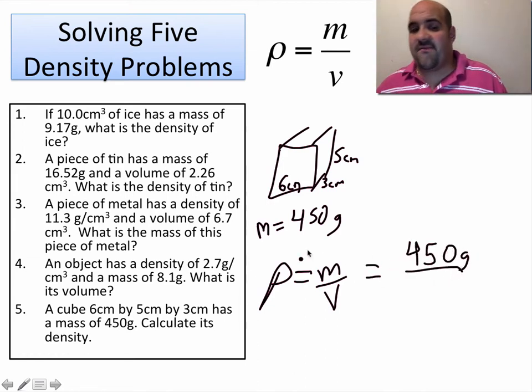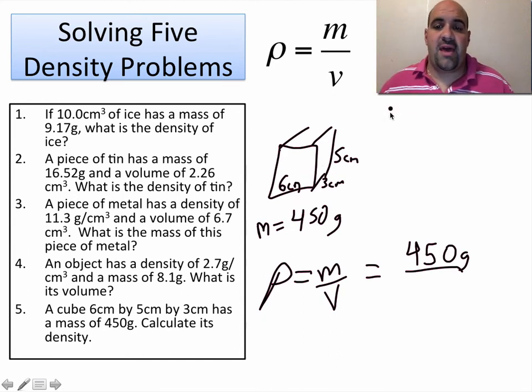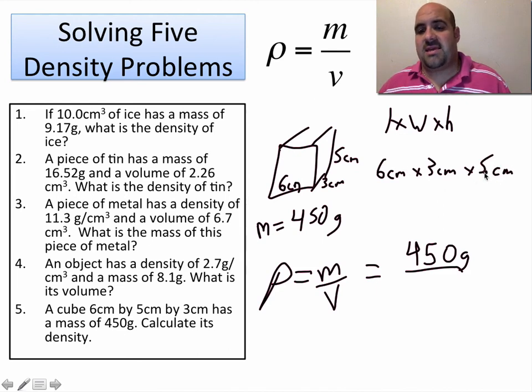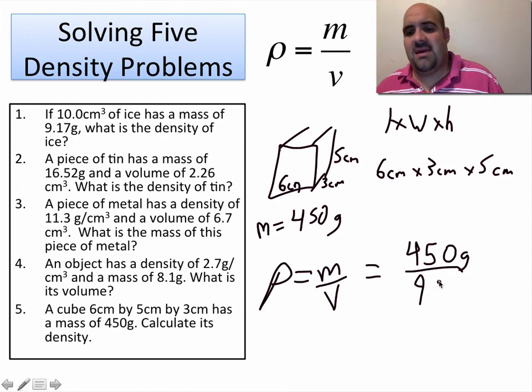We are not given a volume of the cube, but we should know that length times width times height is the volume of a cube. So if we multiply 6 cm times 3 cm times 5 cm, 18 times 5 is 90. So we have 90 centimeters cubed.